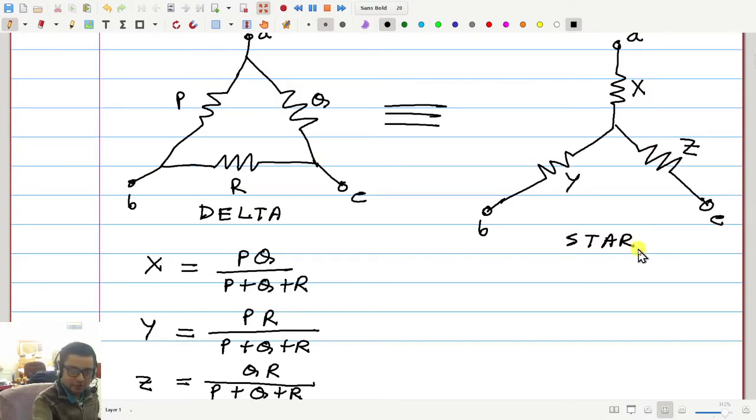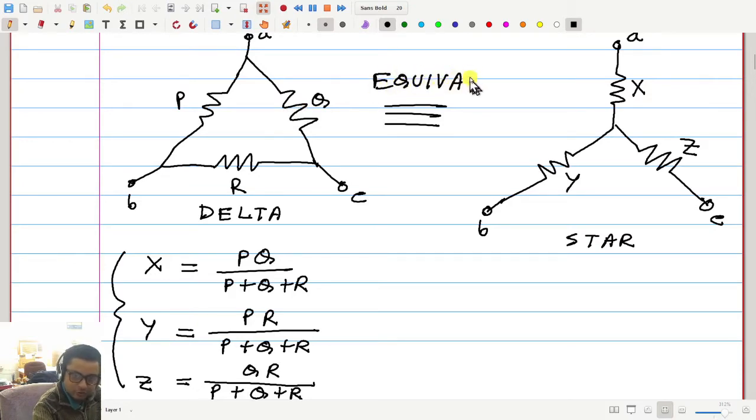If three resistances P, Q, and R are connected in the form of a delta, this is equivalent to three resistances X, Y, and Z connected in the form of a star, where the values of X, Y, and Z are given by these three equations. What do we mean by saying that these two configurations are equivalent? What is the meaning of this equivalence?